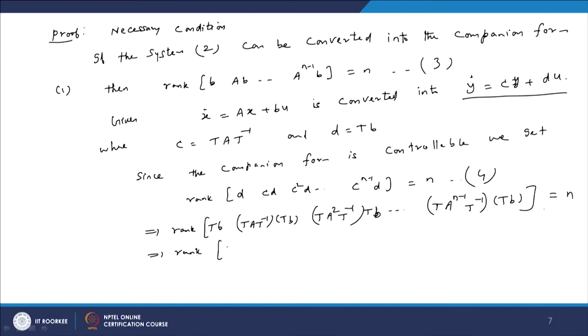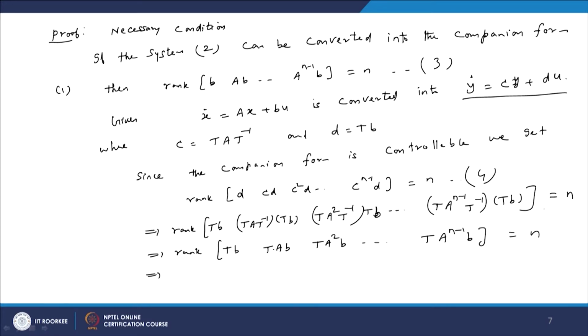So, this implies that the rank of TB, and T inverse into T becomes identity, so we will get TAB, the third one will become TA squared B, etc., TA power n minus 1 B, with rank equal to n.